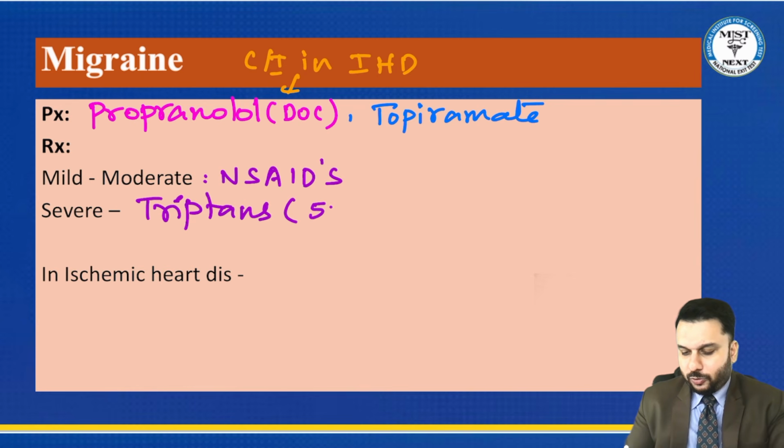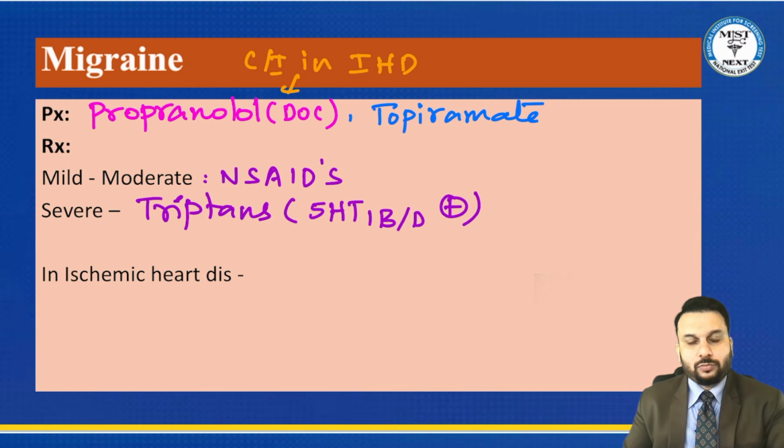Triptans are 5-HT1B agonists. When you have a bad headache, B for bad headache, triptans are used.